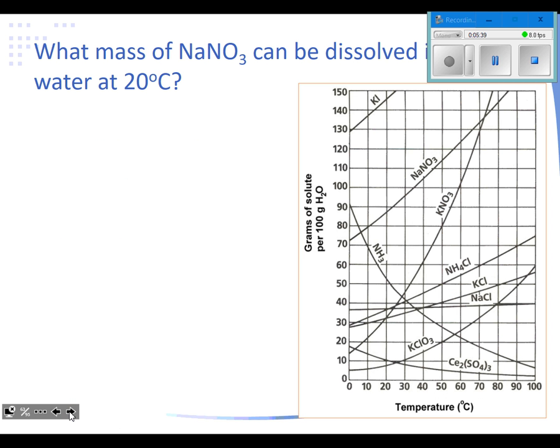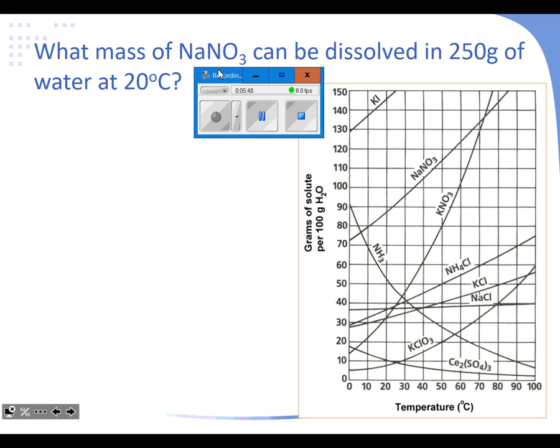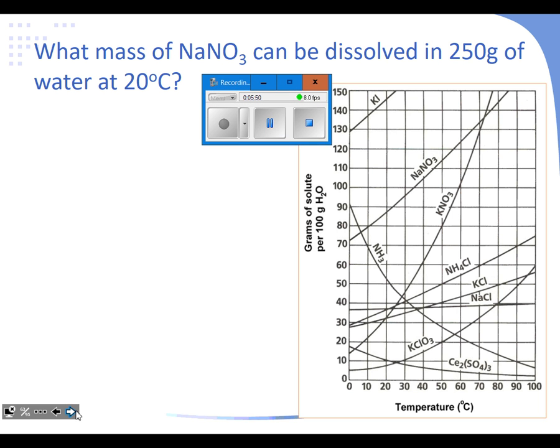So what mass of NaNO3 can be dissolved in, I think it's 100, oh no, this is 250 grams of water at 20 degrees Celsius. So what we're going to do is we're going to go to 20 degrees Celsius, and we're going to go to the line, and we're going to go over. So roughly, we're going to say 90 grams roughly can dissolve at 20 degrees Celsius of NaNO3.